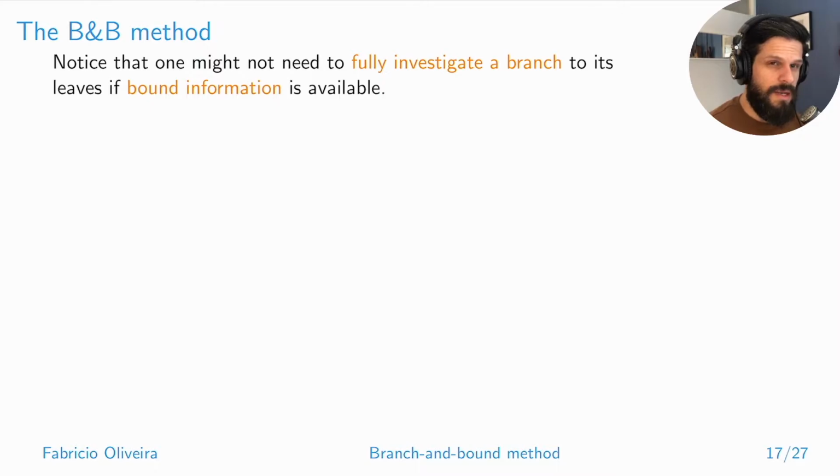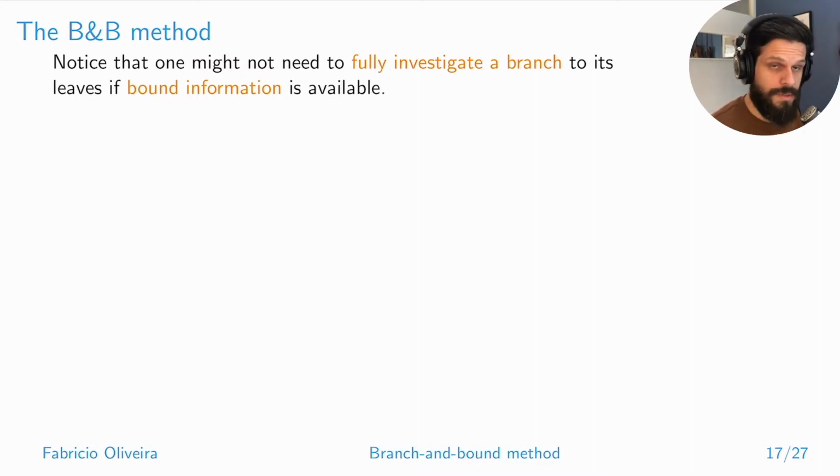So instead of opening the whole tree, you can preemptively decide that a whole branch can be cut, not explored. This reduces, hopefully dramatically, the number of solutions to be investigated. And that comes from the notion of using bound information. Hence the bounding in branch and bound.